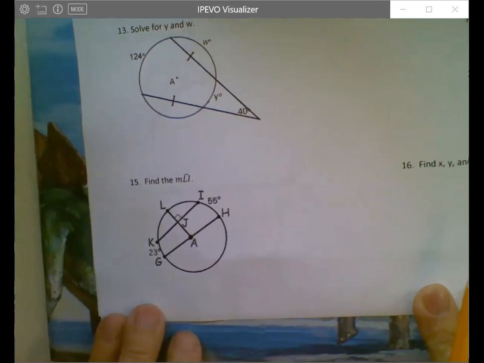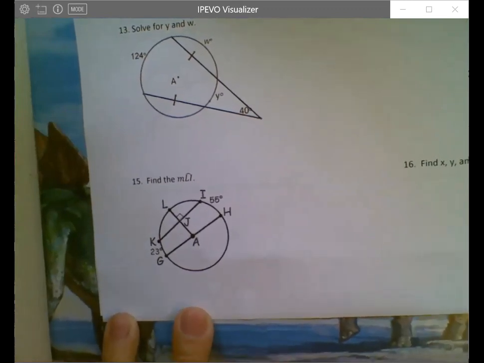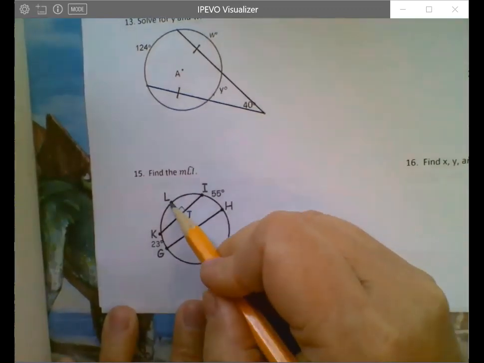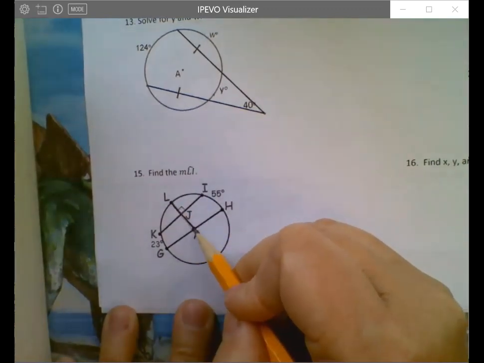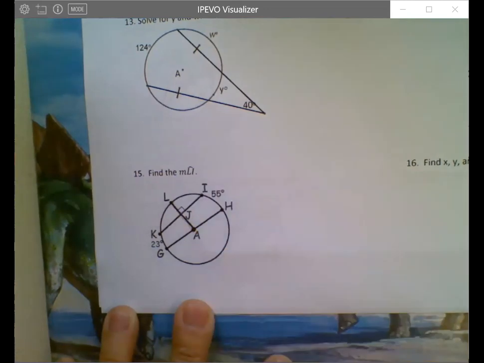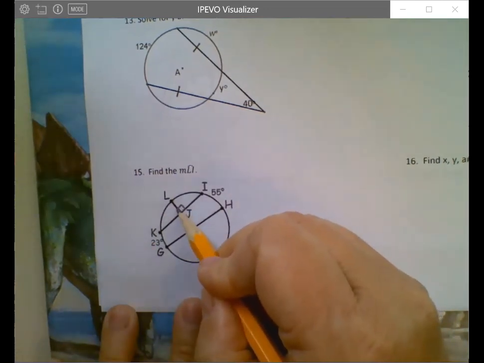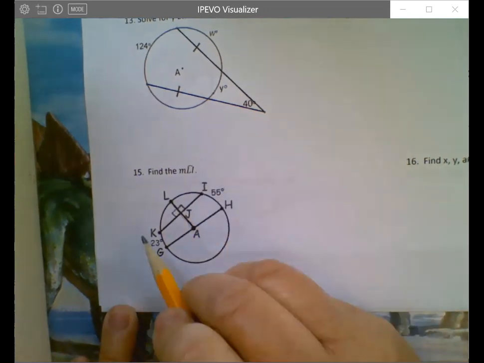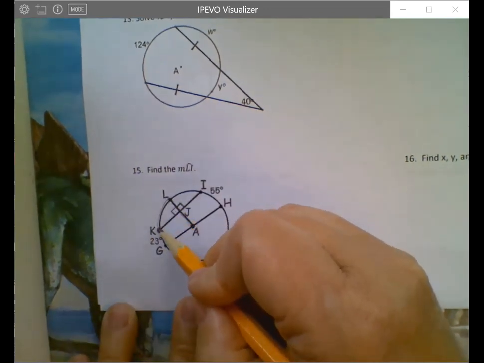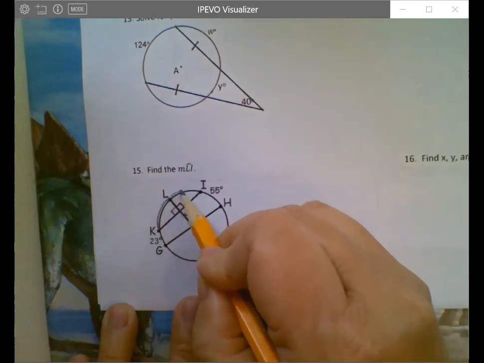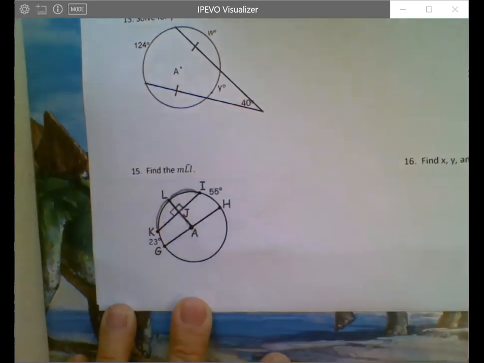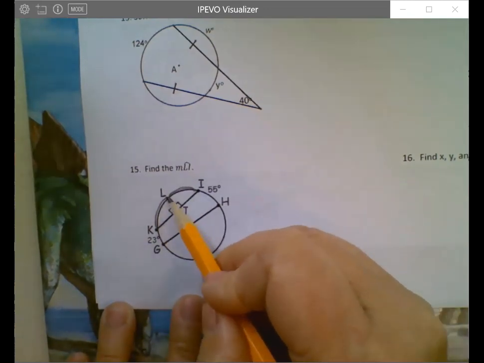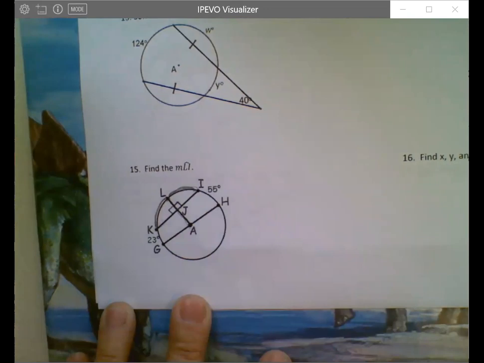So number 15, this is a complicated picture again, but we do notice we have a line segment here from the center of the circle to the edge of the circle with a right angle. Now, if this is a right angle, this is also a right angle. So we have some symmetry going on. And in fact, these two little arcs are going to be congruent because this section of the circle and this section of the circle are just reflections of each other.